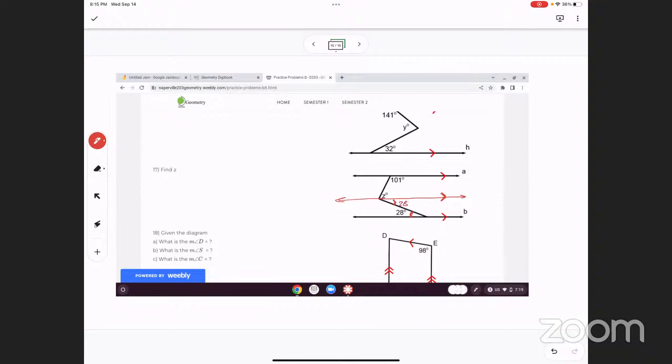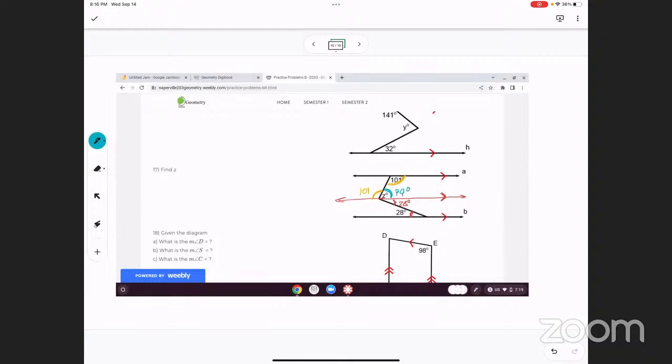It also has to be 28. That's right. And if this one is 101 right here, which other one has to be 101? That one right there. See how I created that? Now, if this is 101, then what does this have to be right here? 79. Perfect.